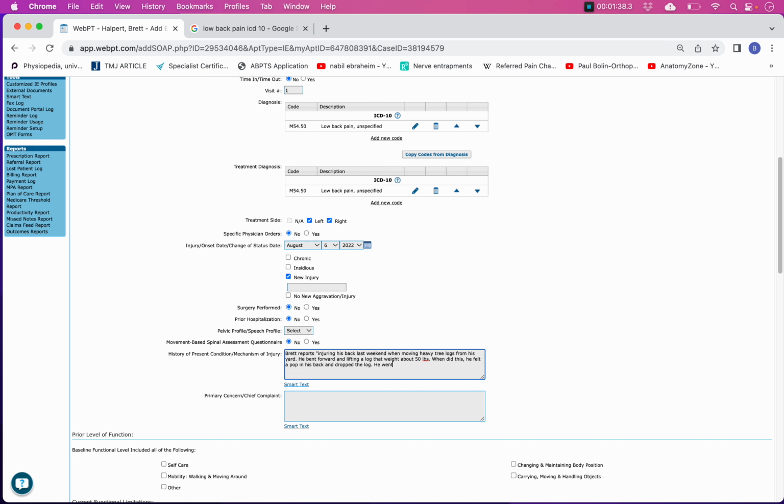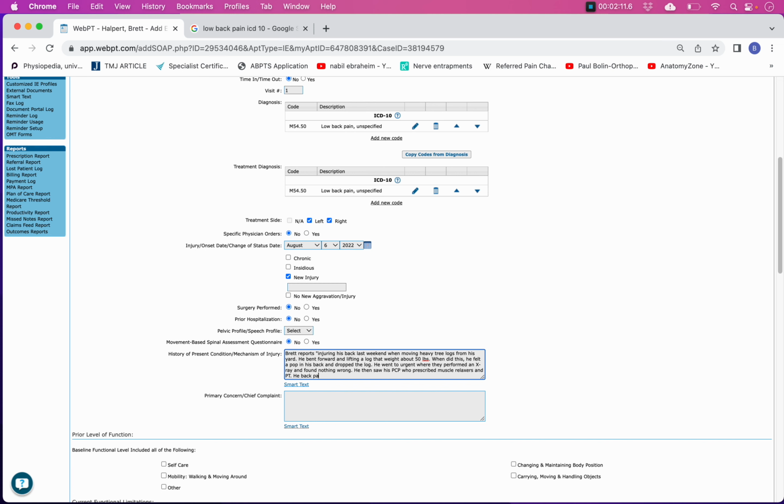He went to urgent care where they performed an x-ray and found nothing wrong. He then saw his primary care, who prescribed muscle relaxers and PT.